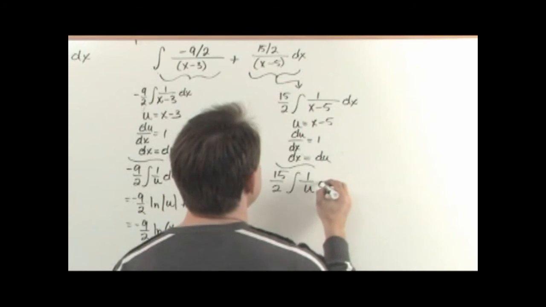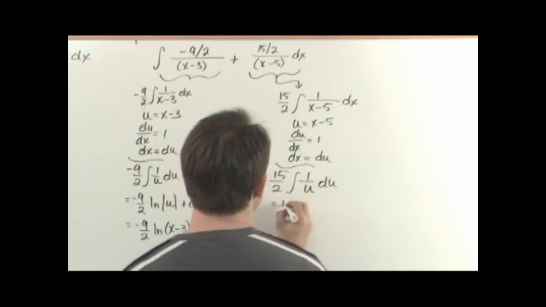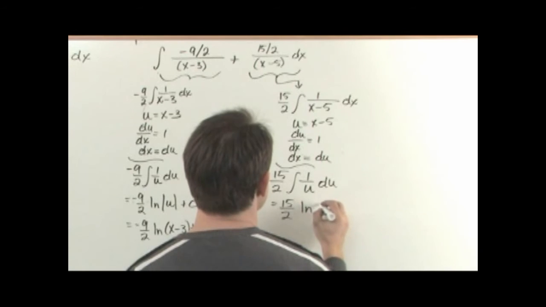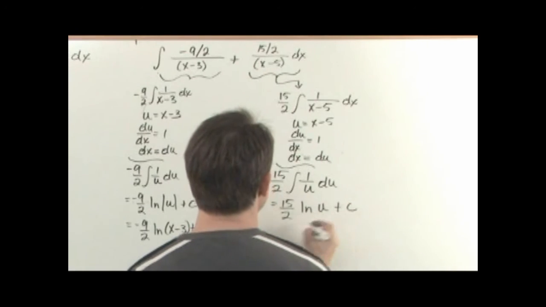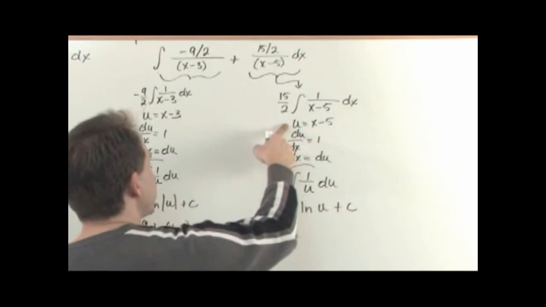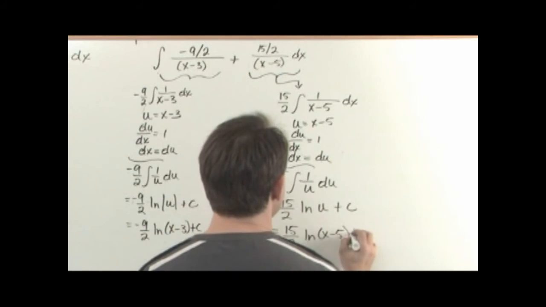This is going to equal 15 halves times the natural log of u plus a constant, and u we already found from before. We decided that u was equal to x minus 5, so natural log of x minus 5 plus a constant.